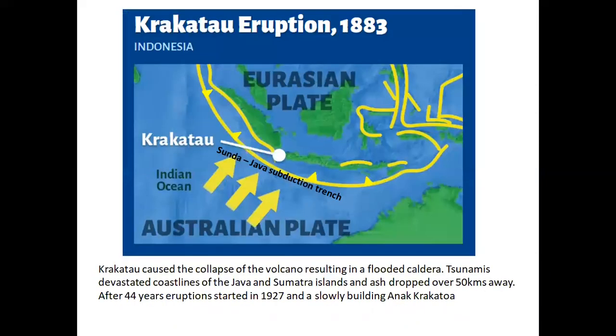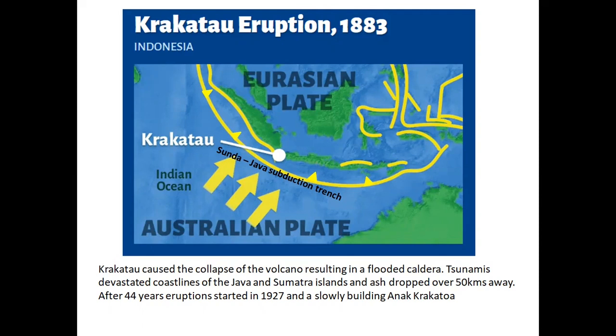One memorable eruption of this region has been Krakatau of 1883. It was felt or heard in Melbourne, Adelaide, and it caused the collapse of a large stratovolcano, and resulted today in a large flooded caldera with a new Anak Krakatau growing from it.